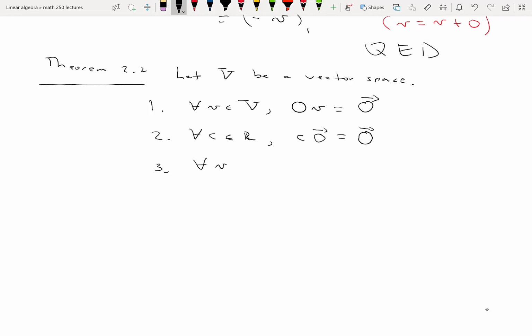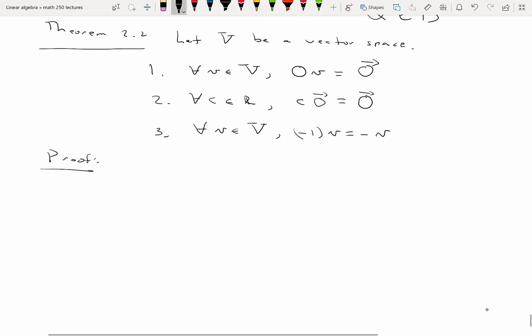Finally, for every vector in the vector space, what do you suppose -1 times V is? It is the opposite of V. Again, this is not one of the 8 properties. So these are conjectures. These are things that require proof. So let's prove them.